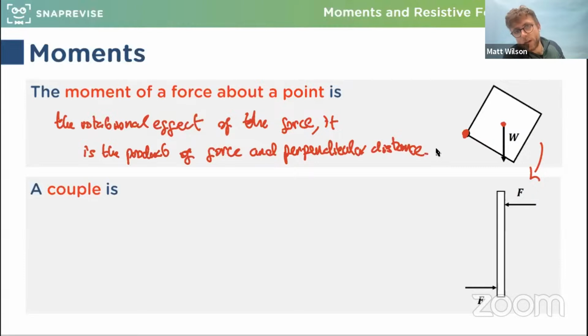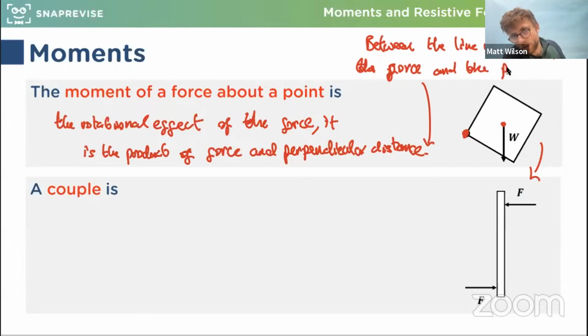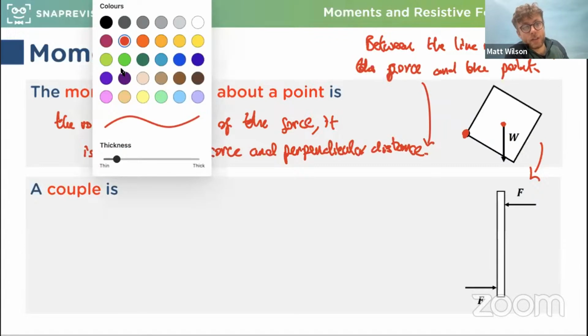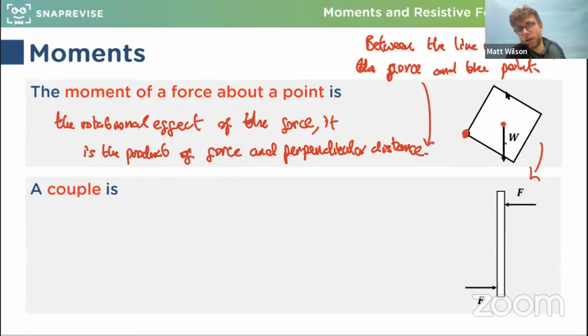Perpendicular distance, we actually ran out of room here, sorry for that. Between the line of action of the force and the point. So whenever you calculate the moment due to force, you have to calculate it with respect to some fixed point. So for instance, I could calculate the moment due to this force W with respect to the point I singled out before.